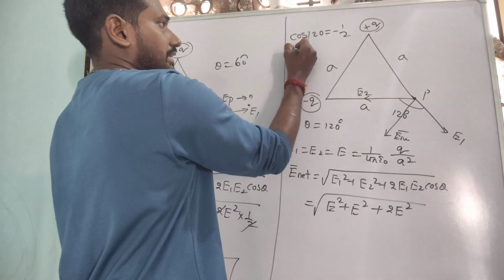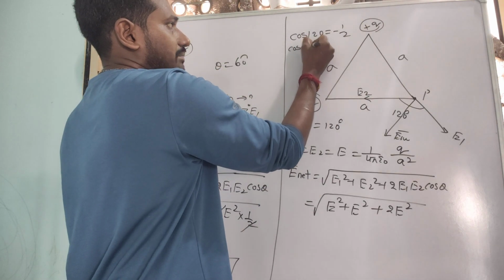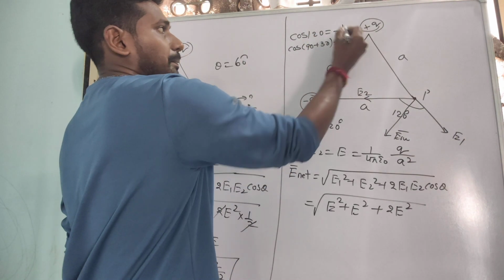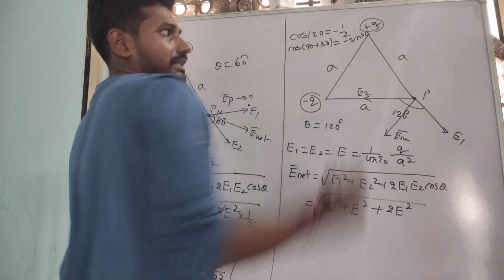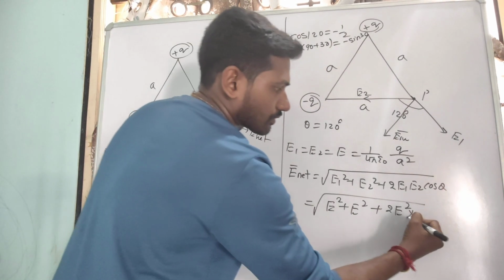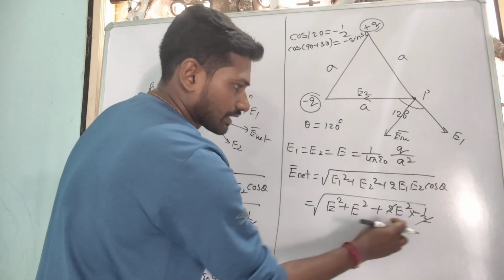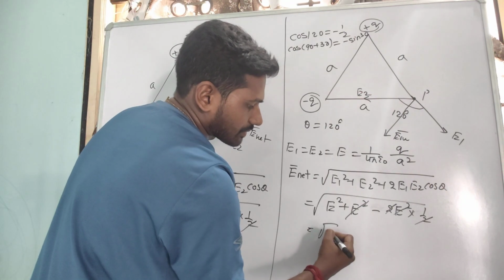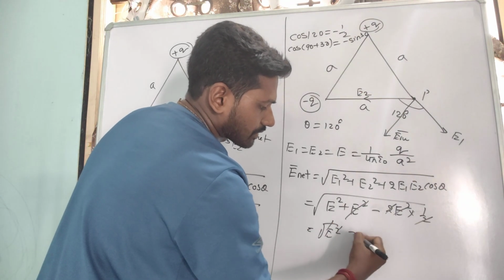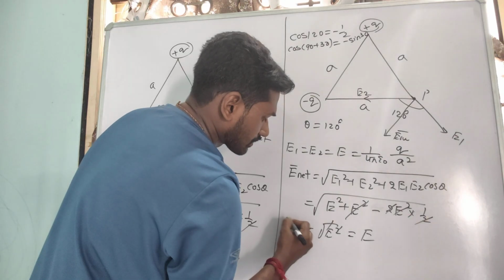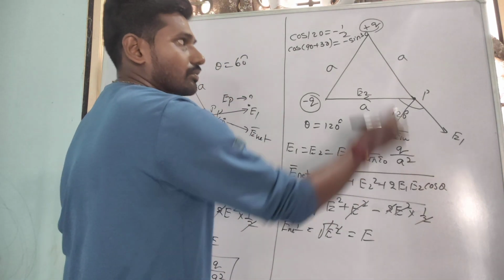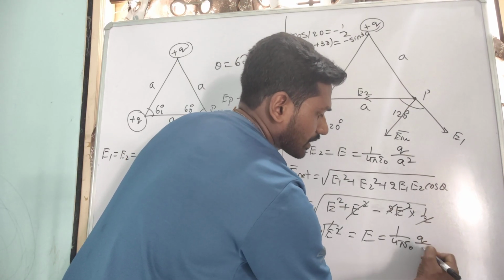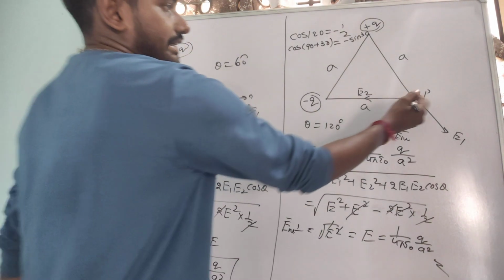It can be written as cos of 90 plus 30, which is minus sin 30. Sin 30 is 1 by 2. So 2 gets cancelled, and the minus comes to this side. E square minus E square gets cancelled. What remains is root E square, the square root gets cancelled, so E bar net is equal to E, which is 1 by 4 pi epsilon Q by A square. This is the resultant electric field at point P.